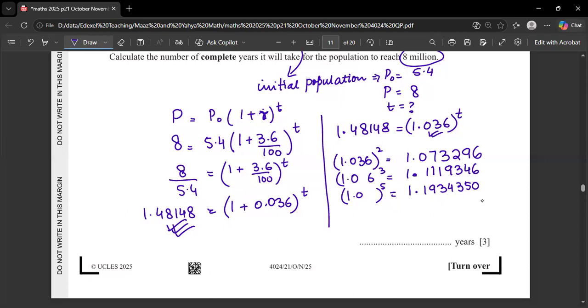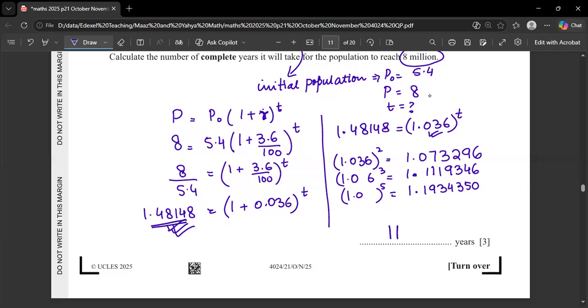So when we put t equal to 12, we are getting more than 8 million, because by putting 11 years we are not getting to 8 million. If I write 11 years, are we getting this number?